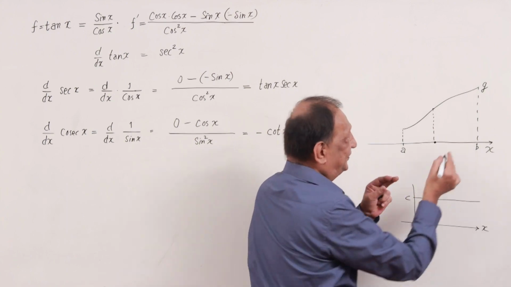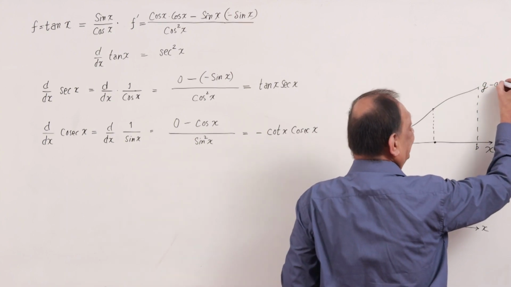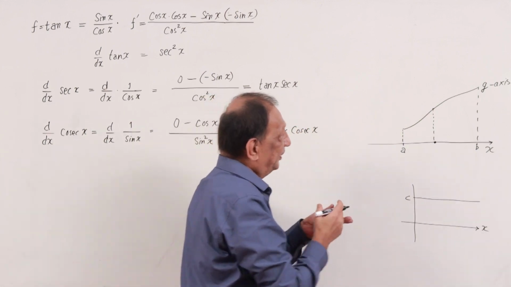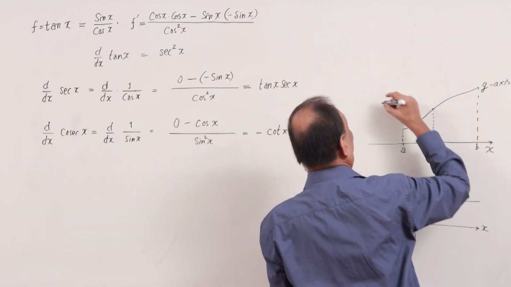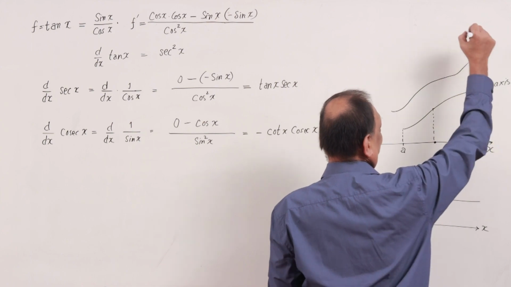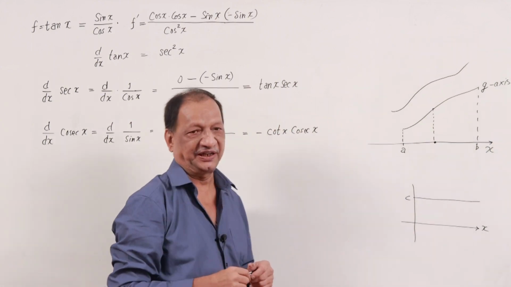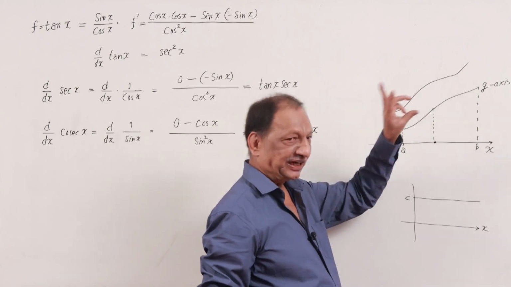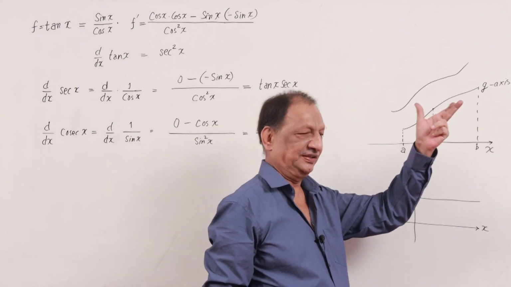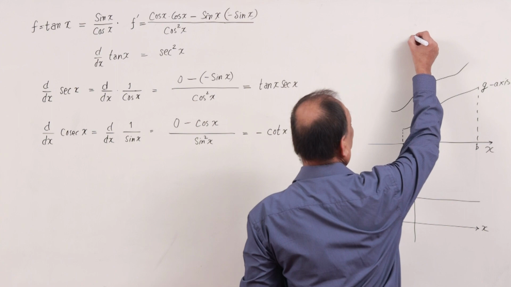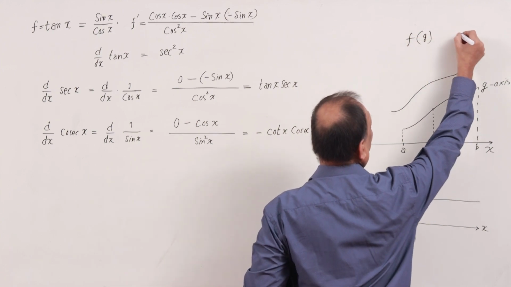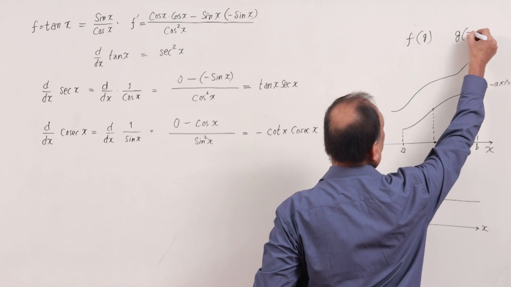So we imagine g itself as an axis. It's not a straight line. Whatever curve is there, with respect to that, if you plot f, what happens? Correct. So that means for each value of g, I get a value of f. So f is a function of g, where g is a function of x.